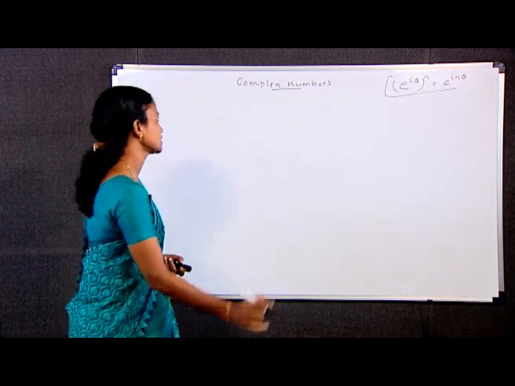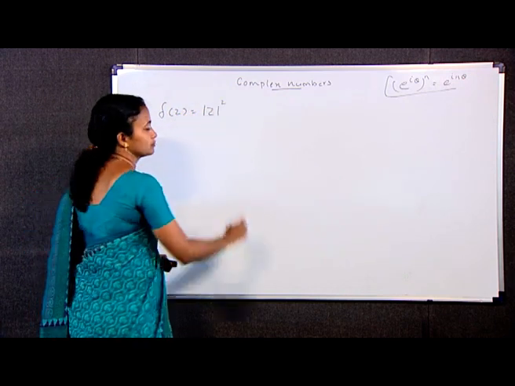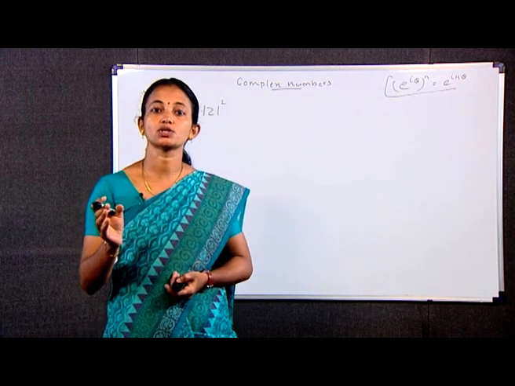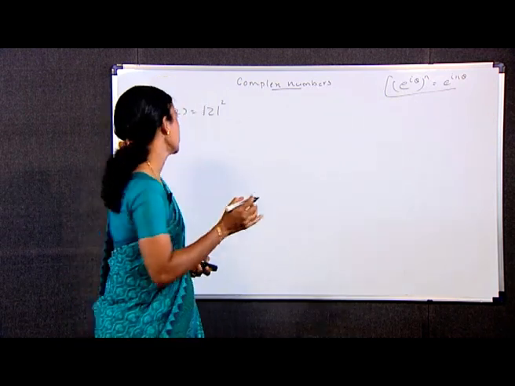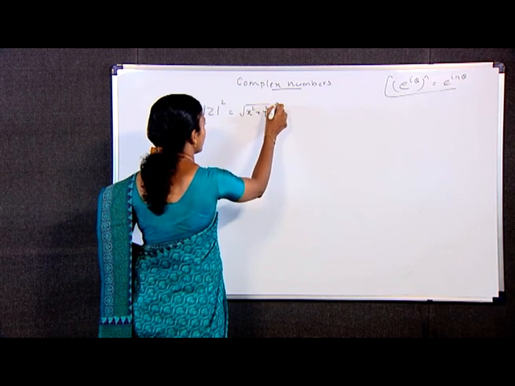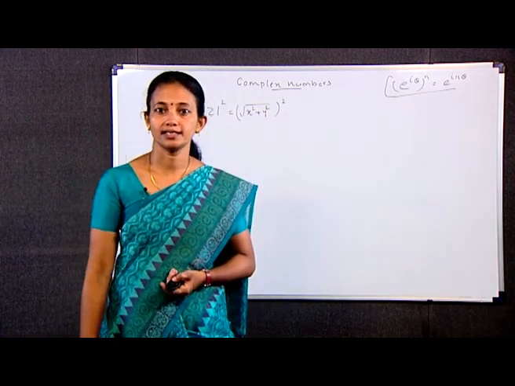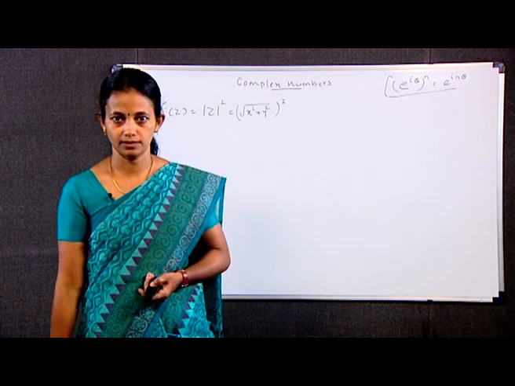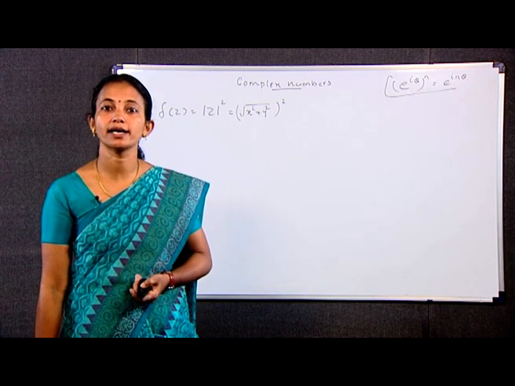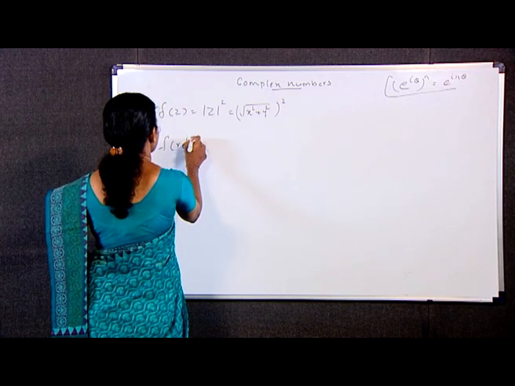f(z) is equal to mod z square, this is equal to mod (x plus iy) whole square, which is equal to (square root of x square plus y square) whole square. Mod z we have x square plus y square. In polar coordinates, it is f of r e raised to i theta.